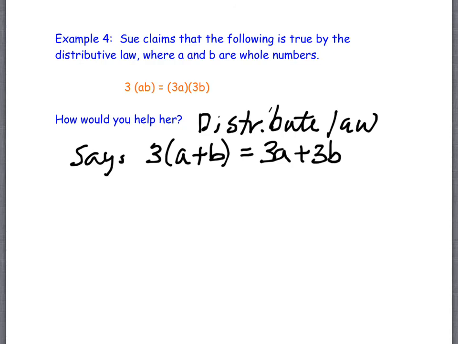What could she do if she wanted to rewrite this in a different way? This wouldn't be right. What could she do to rewrite it? Or what property would she be able to use if she wanted to do something different here? And what property is that, Morgan?